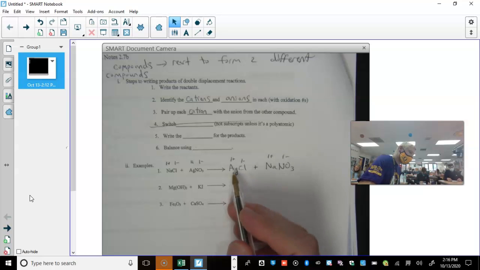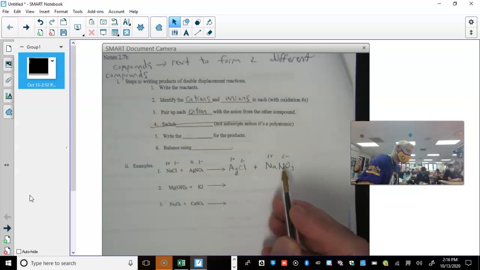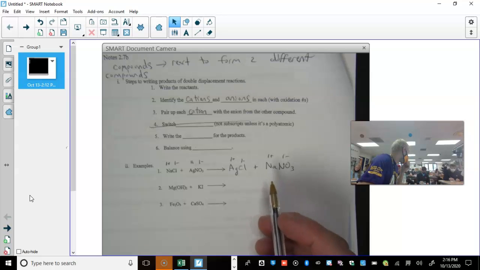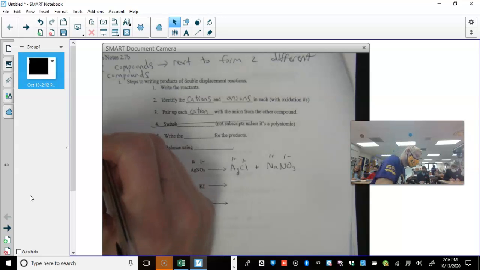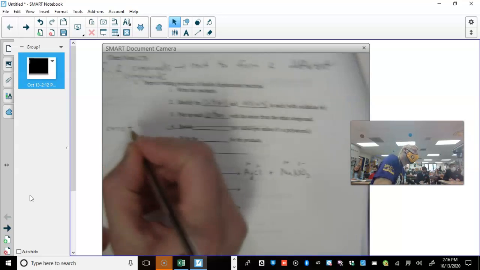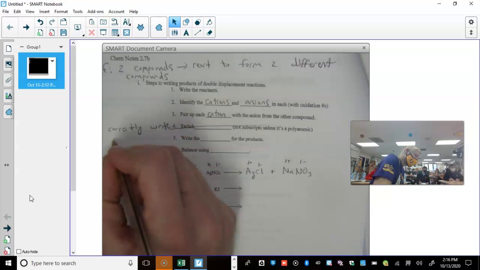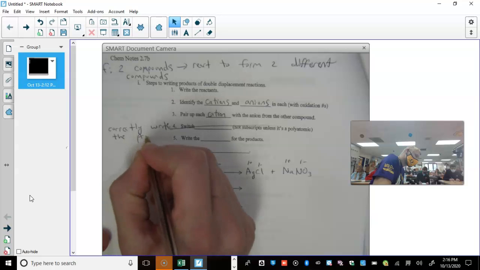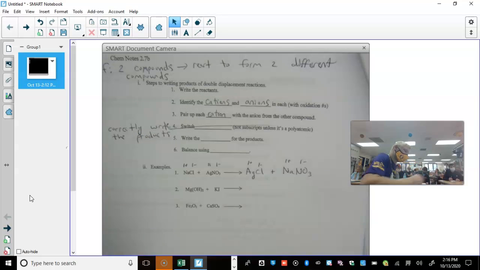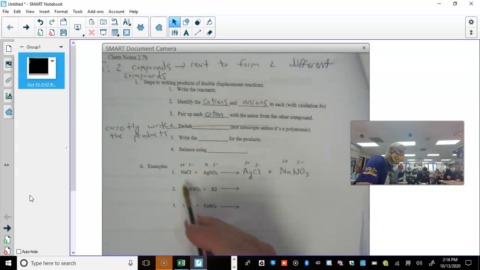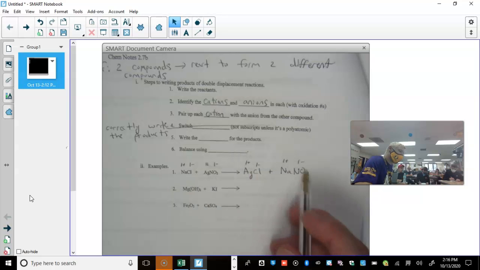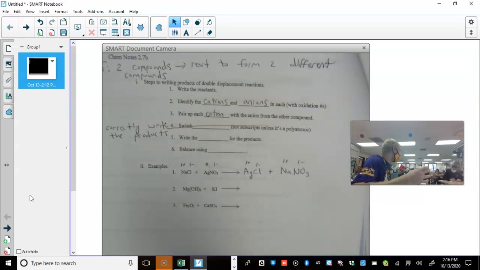A better way of saying it, in my opinion, would be make sure that the products are correctly written. So after you switch the cations, you make sure that the products that are produced are correctly balanced.